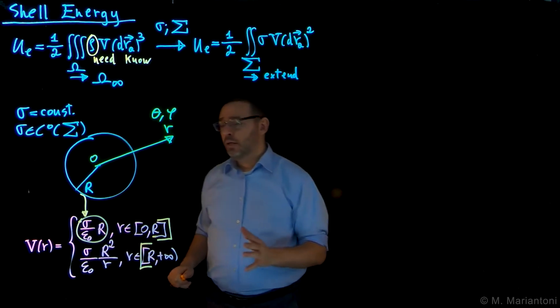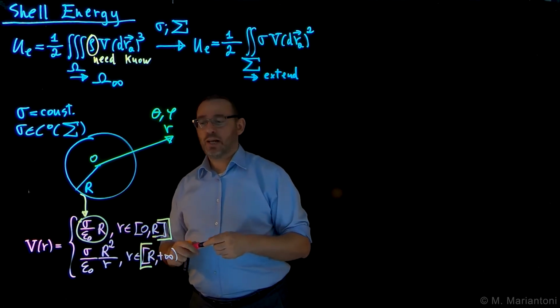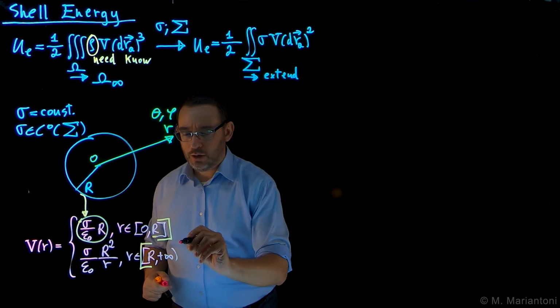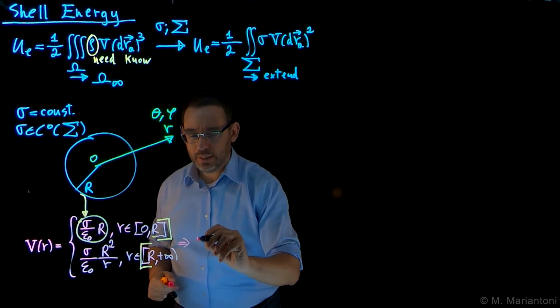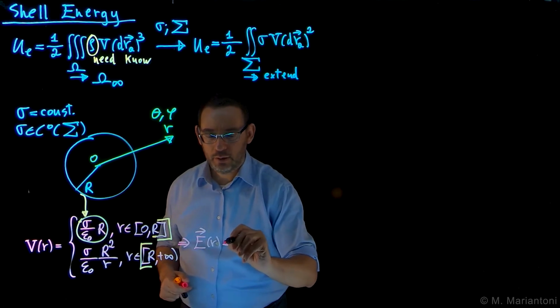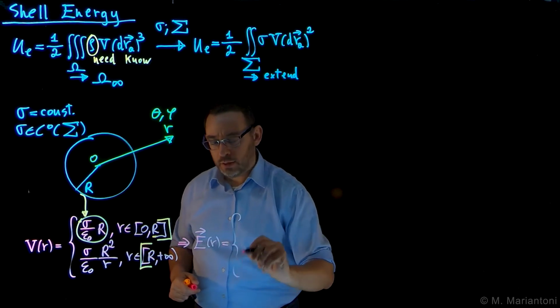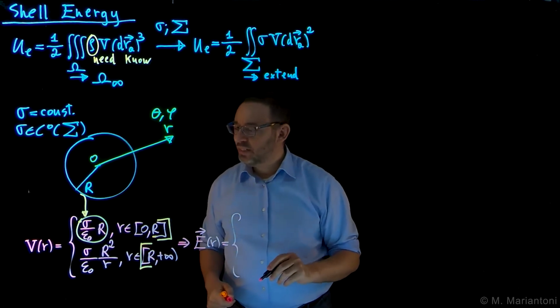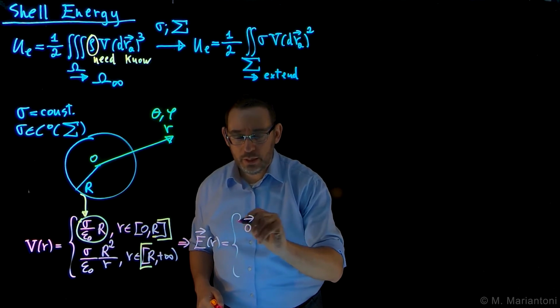Okay, so now we want to remind ourselves what the electrostatic field E is accordingly, which is a vector, only a function of R, directed as UR. This is going to be simply 0 within this region.